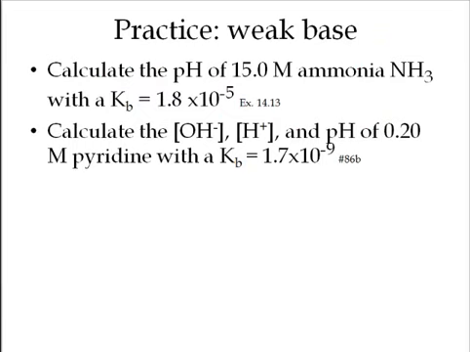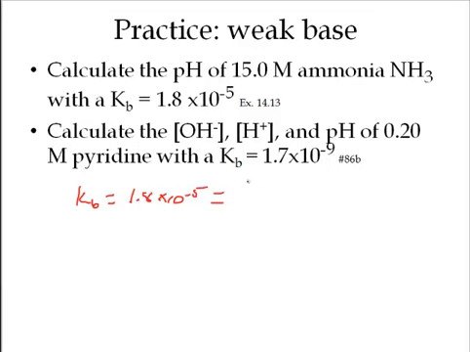So they want us to calculate the pH of a 15 molar ammonia. So let's try this, right? We solve our problem just like always. Instead of a Ka though, we want to do a Kb, and we get 1.8 times 10 to the minus fifth.